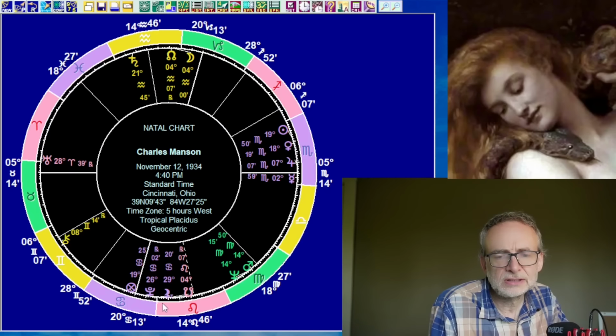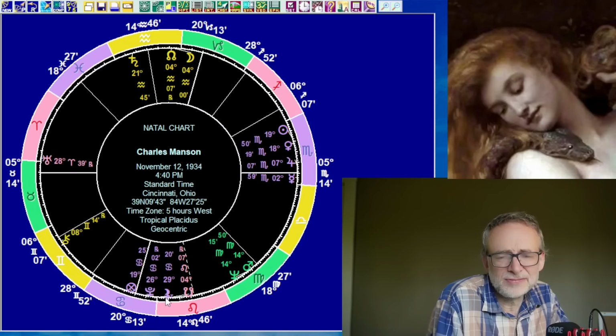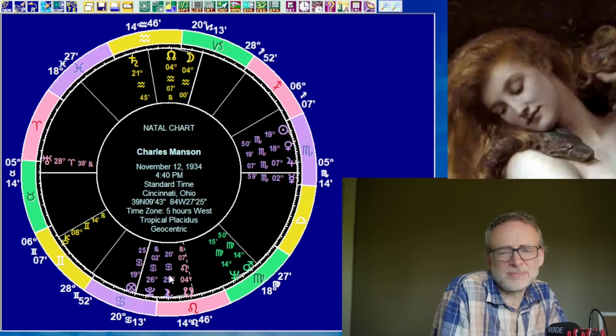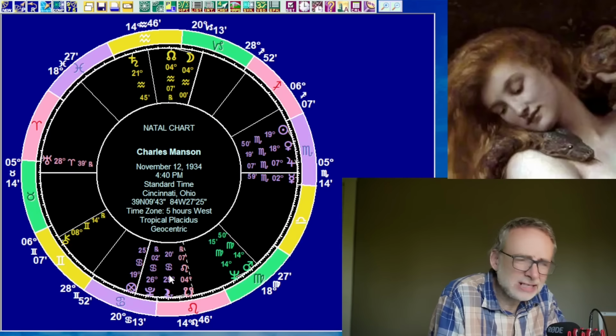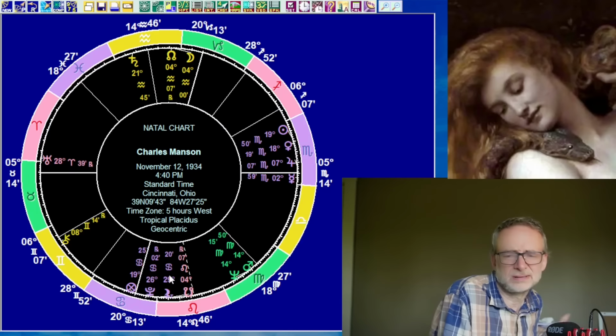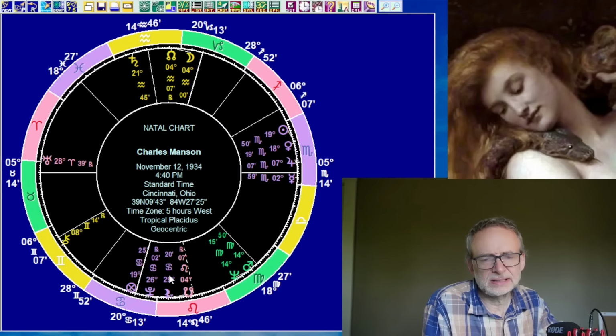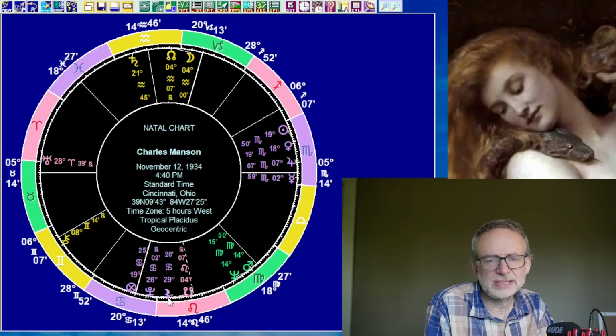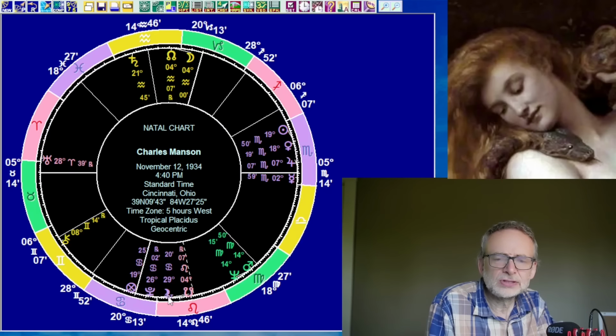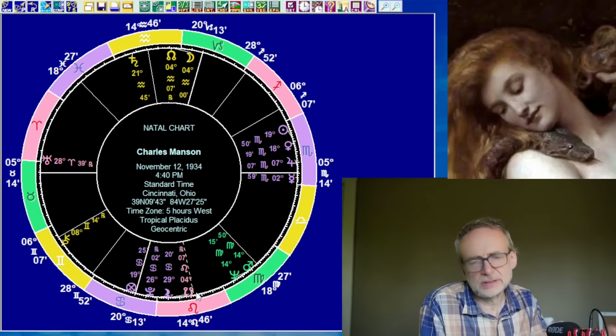Charles Manson had Pluto conjunct Lilith in his chart. I know he's a man and Lilith is a female energy, but you'd expect something there, and so there's his Lilith, sort of on the Pluto node midpoint.